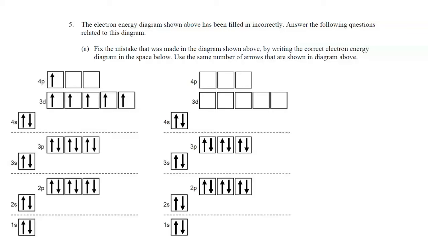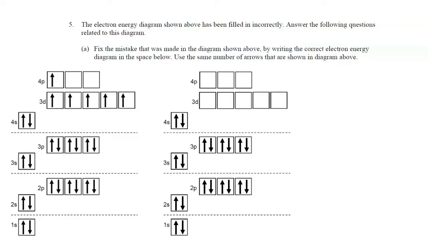Now we come to the 3D sublevel. That 3D sublevel should be completely filled before any electrons are added to the 4p sublevel. So that's the mistake that was made, that they put an arrow into the 4p sublevel before completely filling the 3D sublevel. So let me go ahead and count how many electrons do we still have to add to finish off this electron energy diagram.